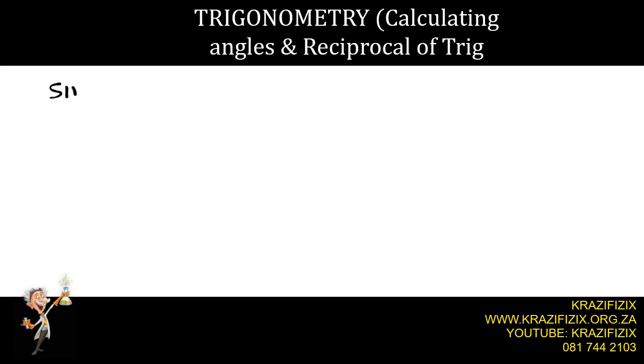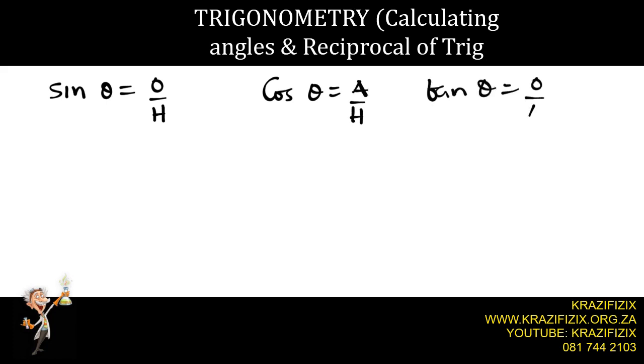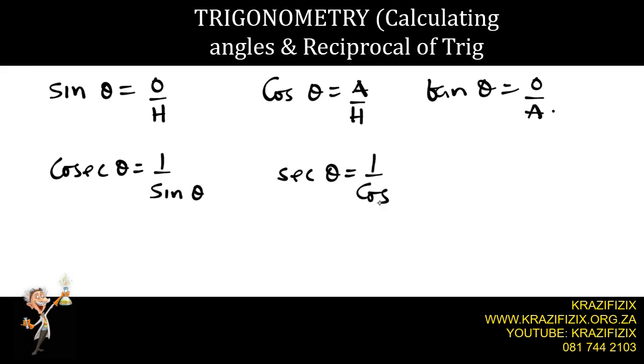Let's write the 3. First we have our sine theta, cos theta, and tan theta from SOHCAHTOA. Now, what is the reciprocal of sine? Cosec theta is 1 over sine theta. What about cos? Sec theta is 1 over cos theta.